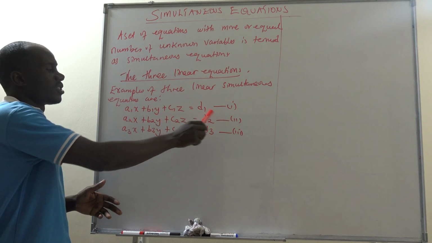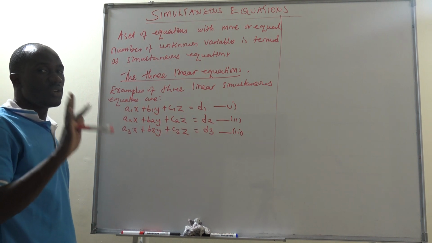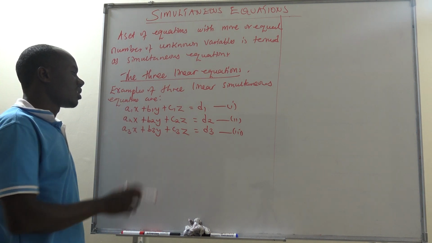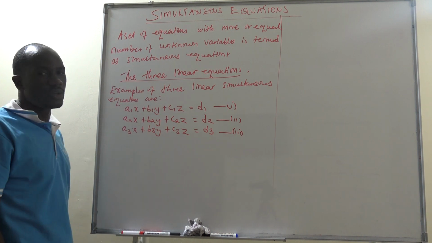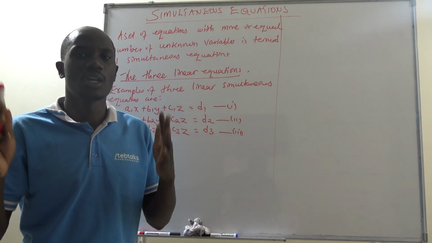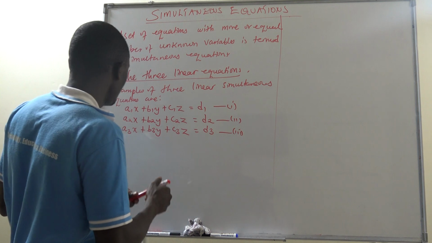You can see it has three unknowns which need to be solved. We need to get x, y and z for all the equations, such that when you substitute in, it brings the exact value.